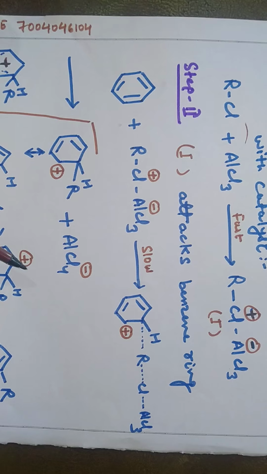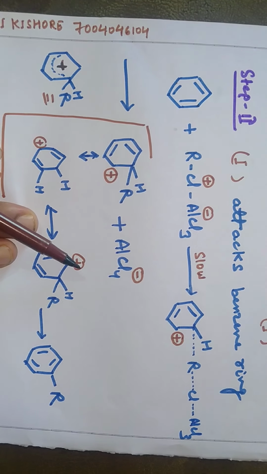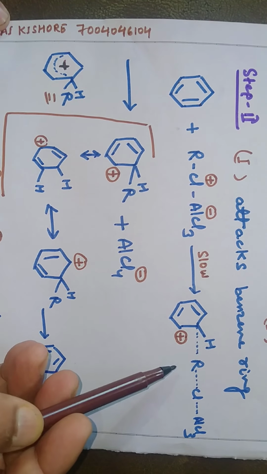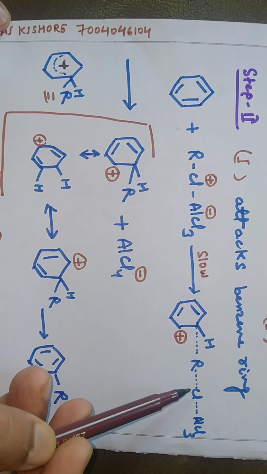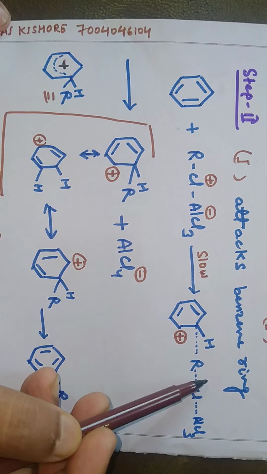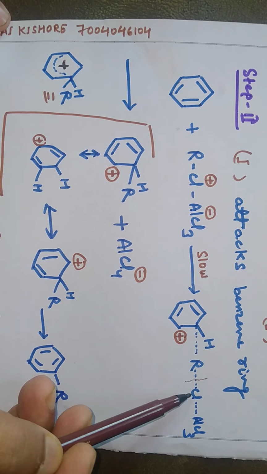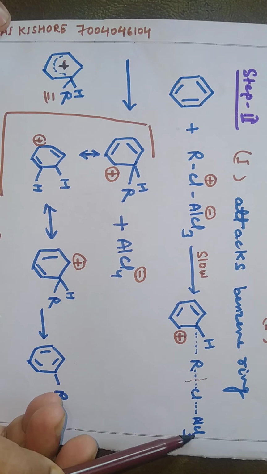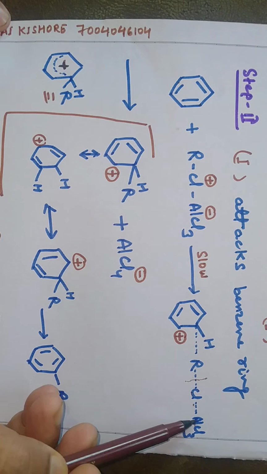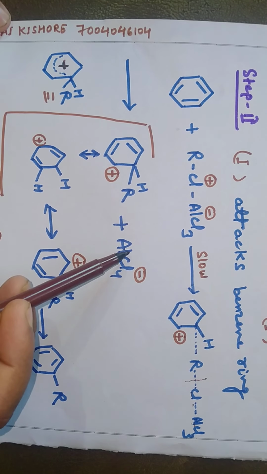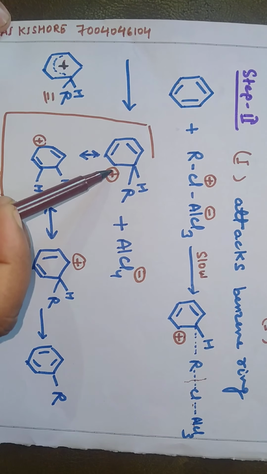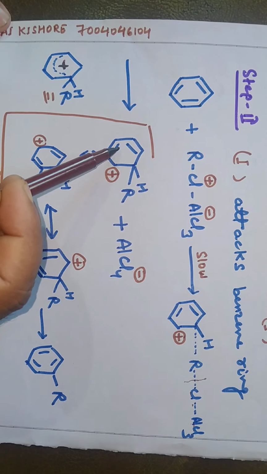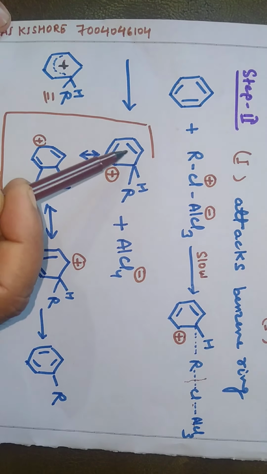Now after that what happened? As this complex attached with the benzene ring, at the meantime this bond breaks here, and Cl and AlCl3 join together to form AlCl4 minus. Since there is a positive charge and 2 pi electrons, resonance will occur.